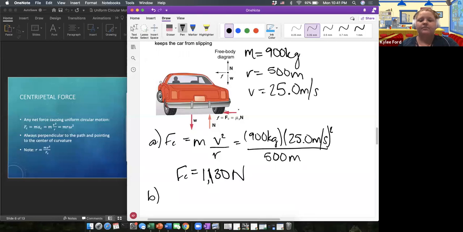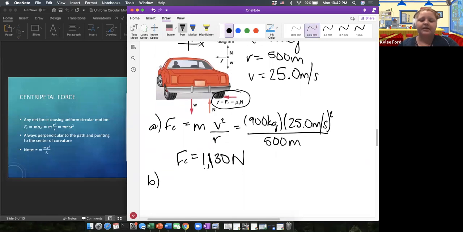So we have some frictional force, and we know that it is related to our normal force here. The only force that is in the X direction is my frictional force.